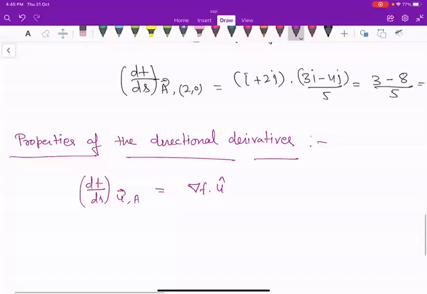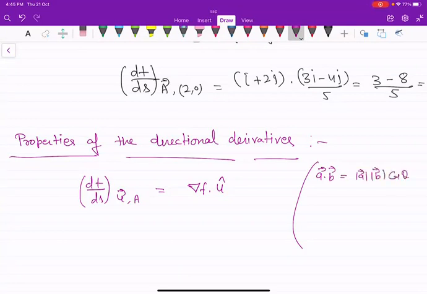So this can be written by the property of the dot product of vectors. If A and B are two vectors, then A dot B can be written as mod of A, mod of B, cos theta. Cos theta is what? It is the angle between the vectors A and B. So it can be written as mod of delta F, delta F is also a vector, into the unit vector into cos theta.